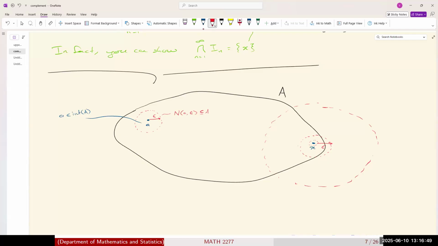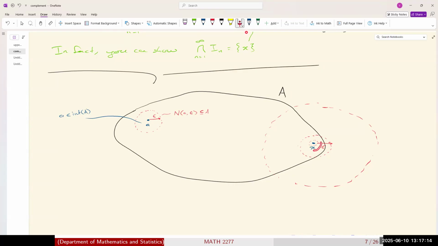Every single neighborhood you put around this point must contain at least one element of A, not including x. Because in this case, if I said every neighborhood around this point must include an element of A, then if you're clever, you will say, well, just take x. x is an element of A, and we know that x, the center, is always in its neighborhood.